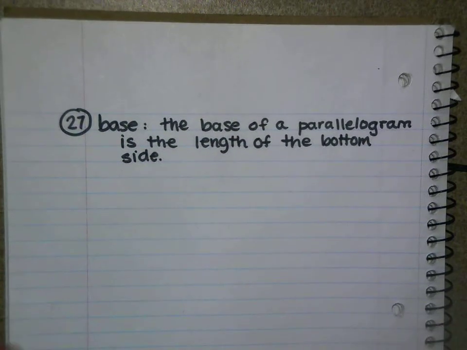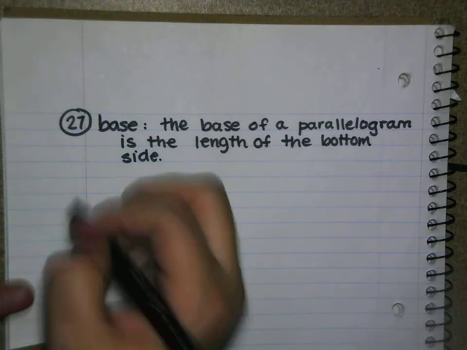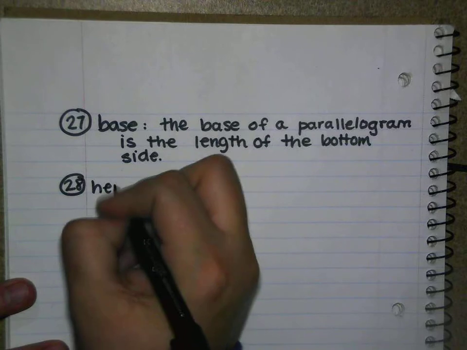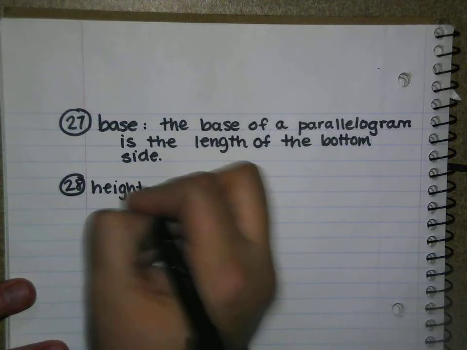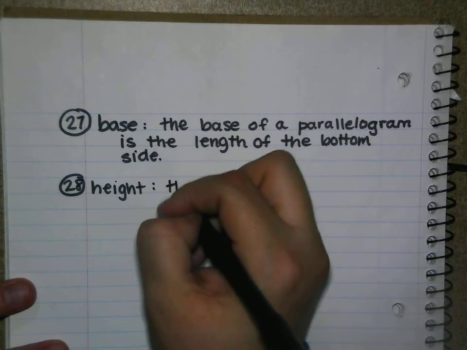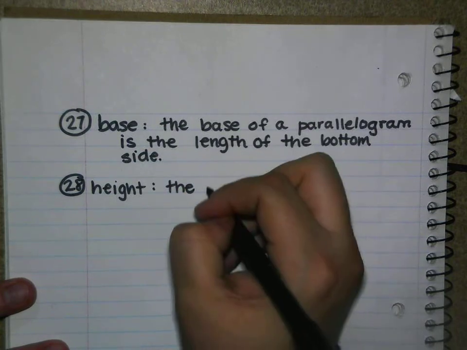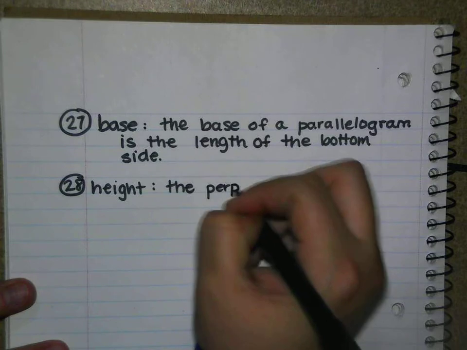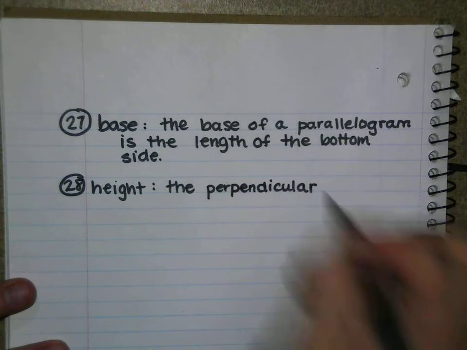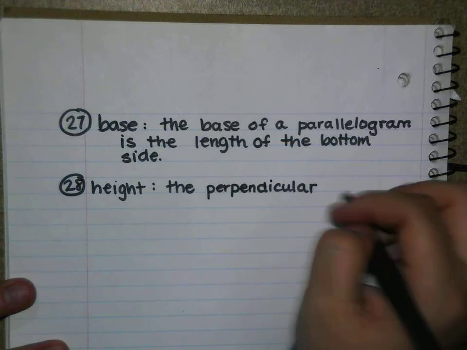The base of the parallelogram is the length of the bottom side, and number 28 is going to be the height, and this is in relation to the parallelogram, but also in relation to the triangles that we're doing. So the height of a parallelogram is the perpendicular distance from the base to the opposite side.